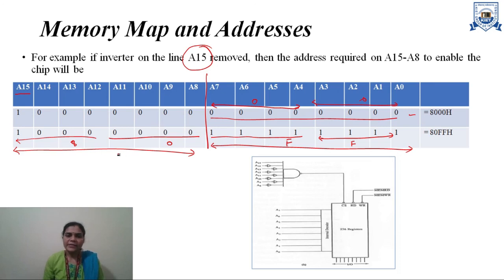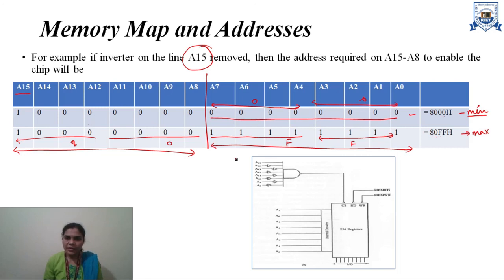So the address range will be 8000 for the minimum address and 80FF for the maximum address. So in this way, we can make a memory address map by having a particular chip selection line at fixed logic.